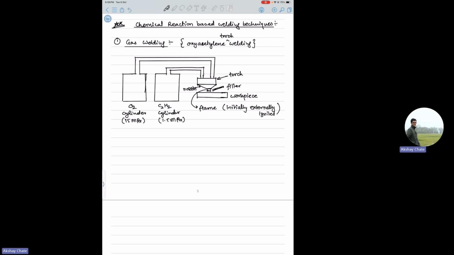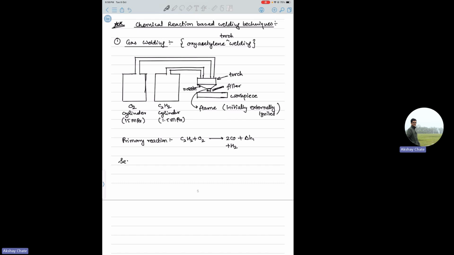There are two types of reactions that occur in this nozzle or torch. First is called the primary reaction: acetylene mixes with oxygen and gives you carbon monoxide, and some exothermic reaction takes place, and there will be some hydrogen also.